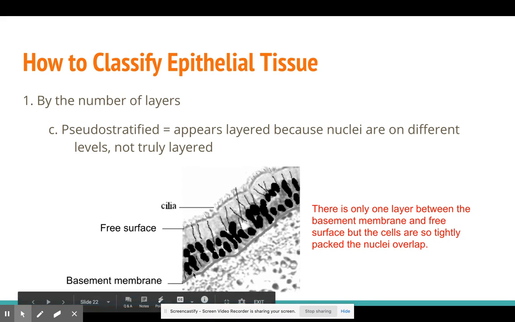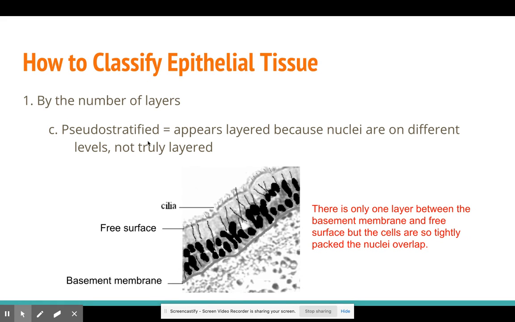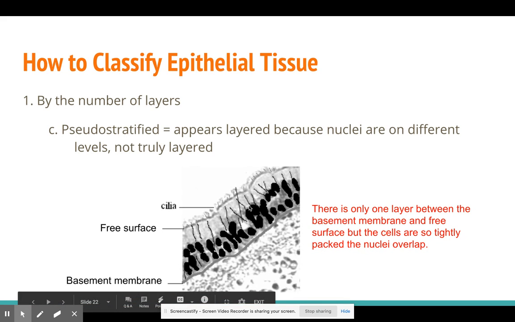If you look here, there's a basement membrane, there's the free surface. Now there's only one layer between the basement membrane and the free surface. But you have to look closely. The cells are so tightly packed together that the nuclei overlap. So this is called pseudostratified. Pseudo means fake. So it looks like it's stratified, but it's not.